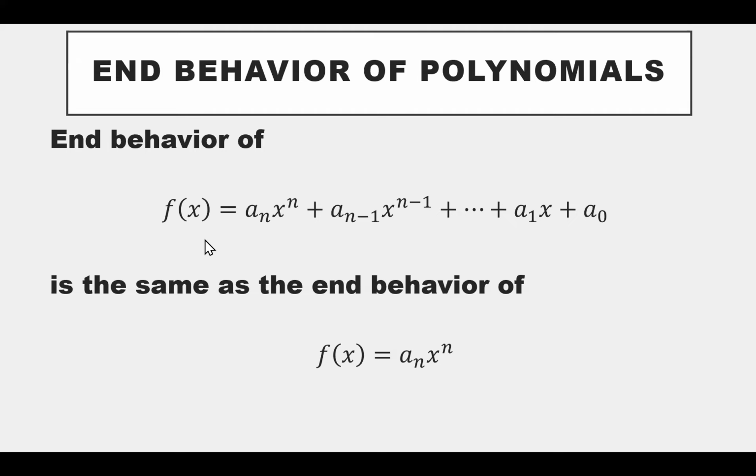In other words, as x gets really, really big, this a sub n x to the n is going to grow a lot faster than these other terms, and it's going to dwarf those other terms in terms of how fast it's growing. Again, this is the standard polynomial function, so we're saying that a sub n is not equal to 0. Otherwise, we'd have to rewrite this.